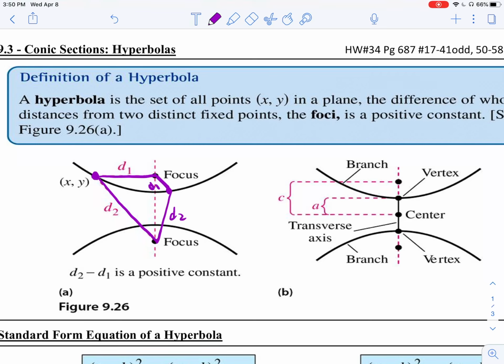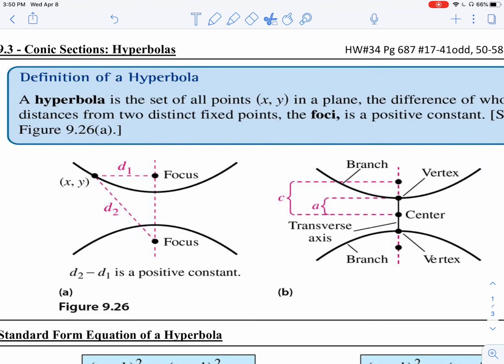So no matter where we are, even if I choose this point here, a larger D2 and a much larger D1, D2 minus D1 is always going to remain the same positive constant. That's what makes it a hyperbola. So don't stress out too much about this definition, but just know that's how we define what a hyperbola is. Now let's look at some specific characteristics of a hyperbola.